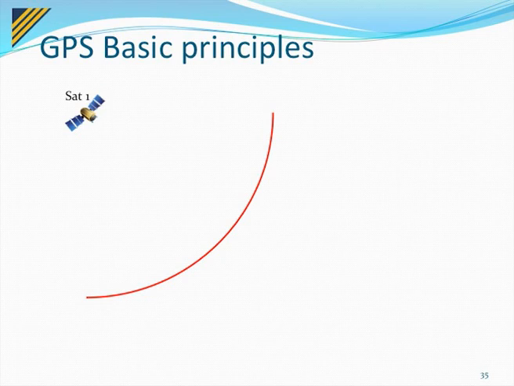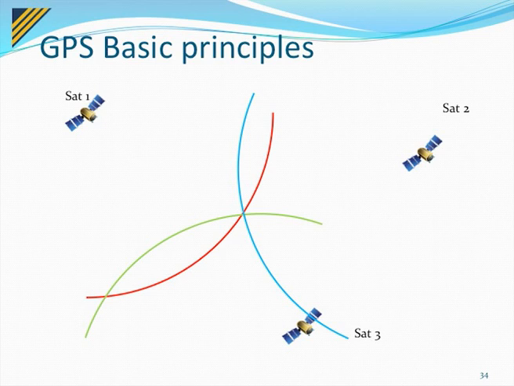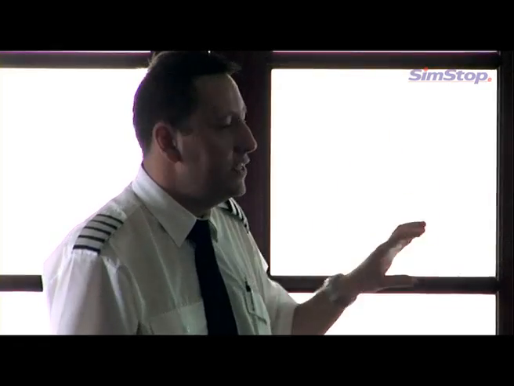So one satellite gives us one line of position. Two satellites give us a fix of where we are on that first line. And then a third is used in order to confirm that position. So at least 3 satellites need to be in view in order for you to get a position fix.